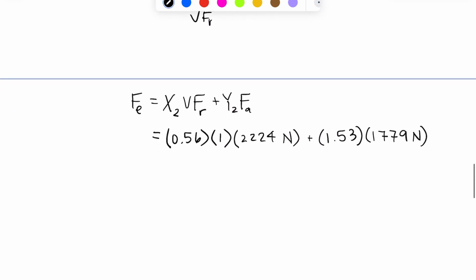All right, so calculate that, and I got 3,967 for my equivalent radial load, and that is, again, in newtons.